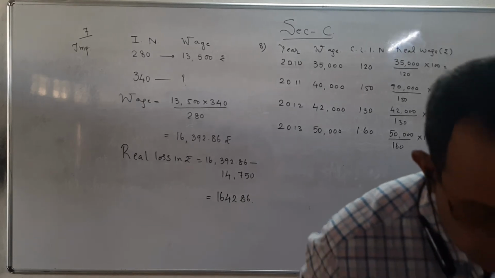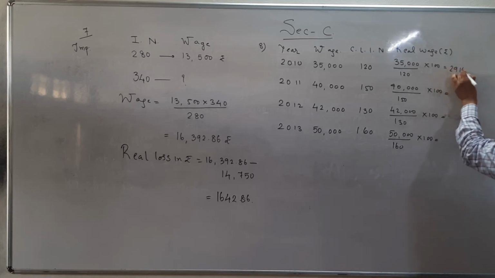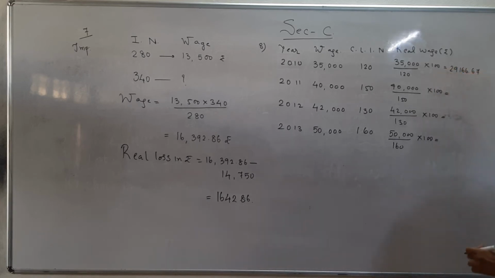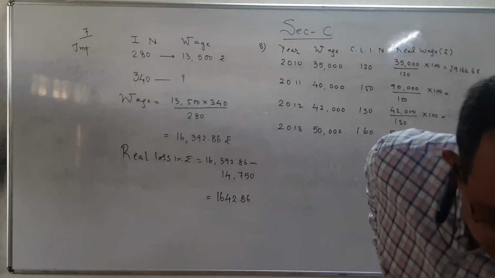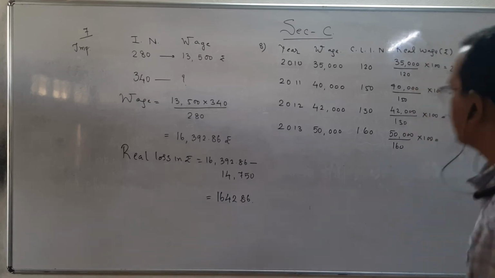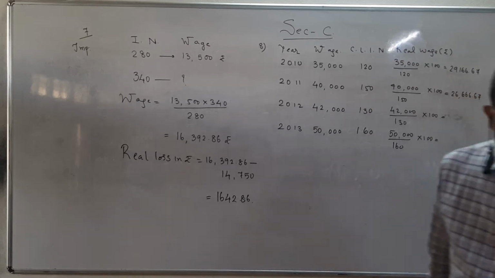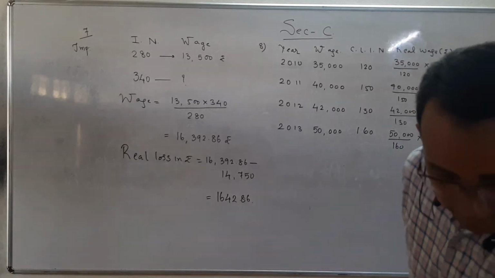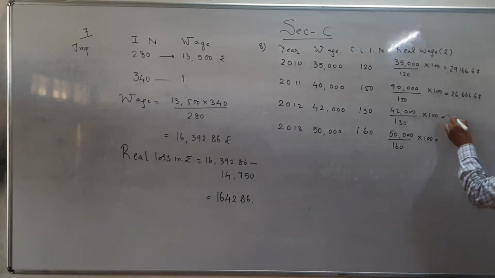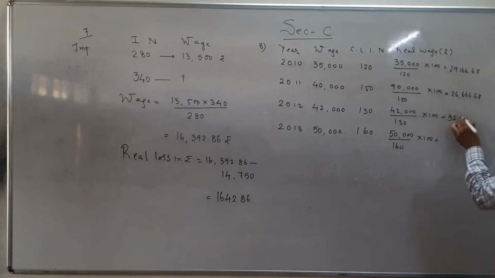These all answers are 29,166.67 rupees. Then 26,666.67. Then 32,307.69.